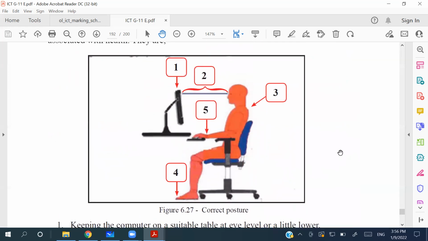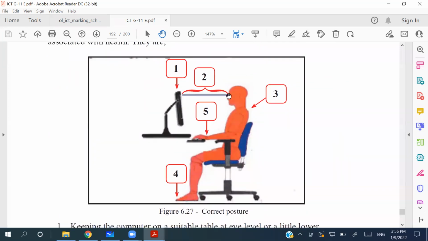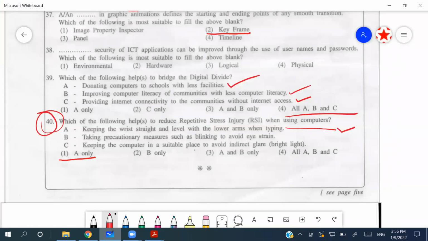So the last two choices, that means taking precautionary measures such as blinking to avoid eye strain, and keeping the computer in a suitable place to avoid indirect glare, though those are also given to consider to have a correct posture, those cannot directly affect the RSI, right?